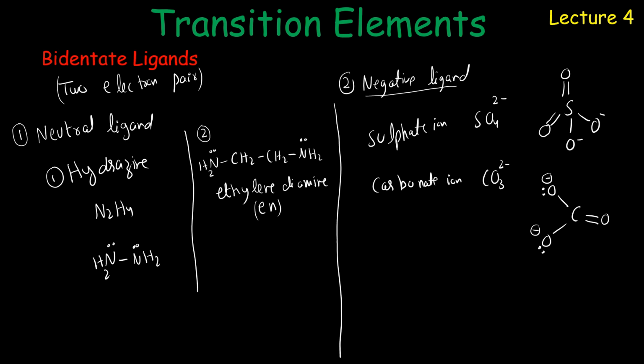On a similar basis we have the oxalate ion, having formula C2O4 2 minus. Again, in the oxalate ion there are 2 carbons. The structure is that carbon forms a single bond with carbon.